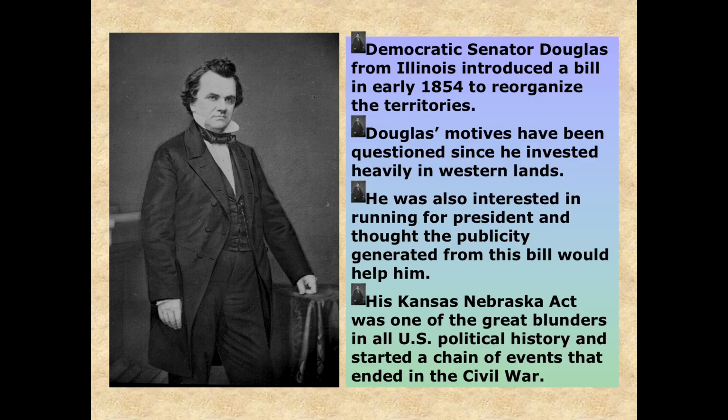Plus, he has a big goal in mind politically. He wants to run for president someday. And he thinks by coming up with a bill that would publicly solve this issue would kind of propel him towards the White House. So, the bill in question is going to be the Kansas-Nebraska Act.